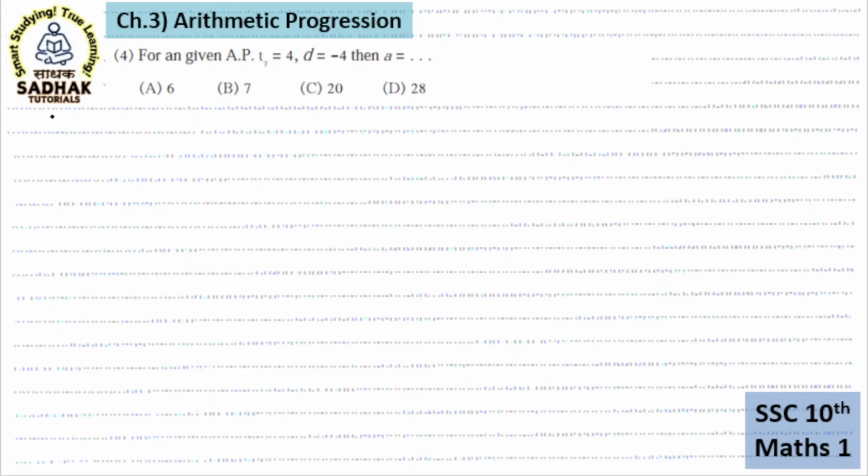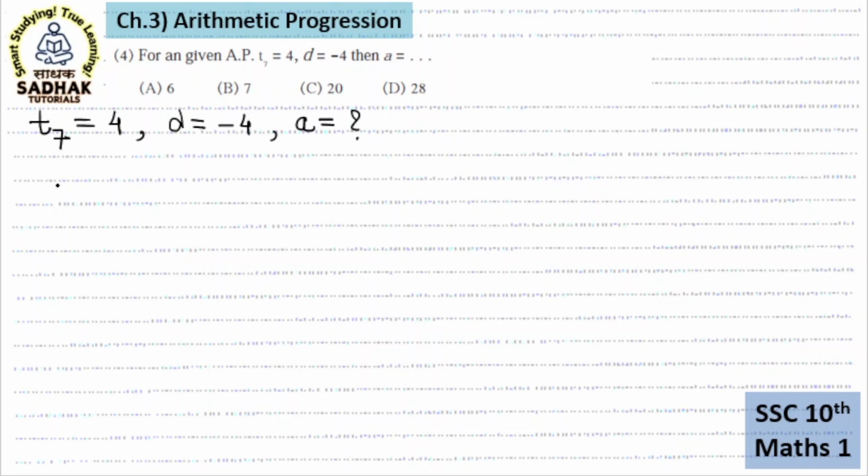So the information that is given is that T7 is equal to 4 and D is equal to minus 4. Then we are asked to find the value of A.